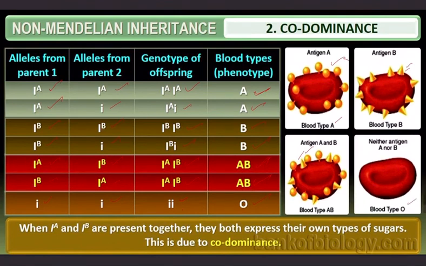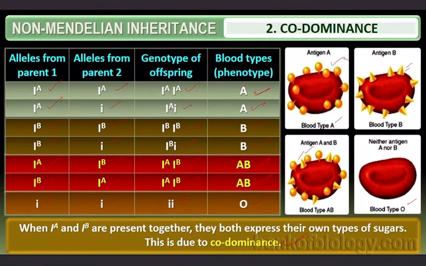Blood type B people will have on their RBCs antigens like this protruding on the plasma membrane. Blood type AB persons will be having antigen A as well as antigen B on the surface of the plasma membrane. Whereas in blood type O people, universal donors, okay, in universal donors, neither antigen A nor B, that's why they are universal donors, okay.